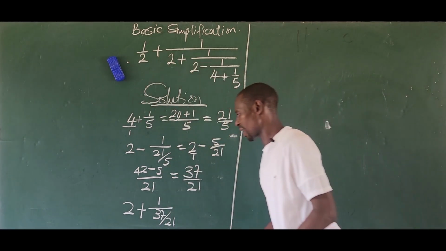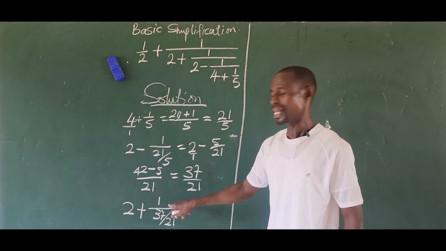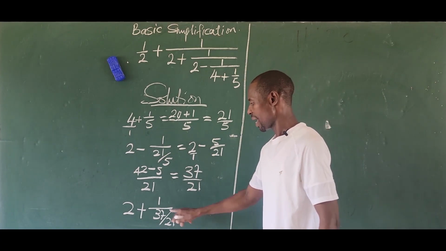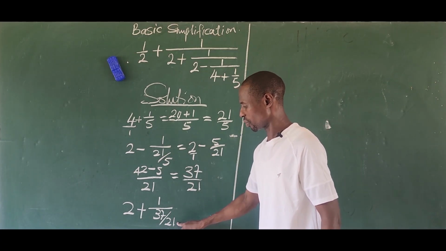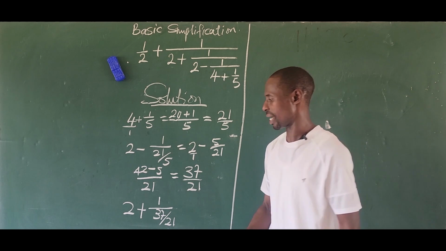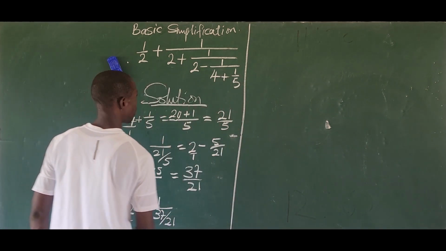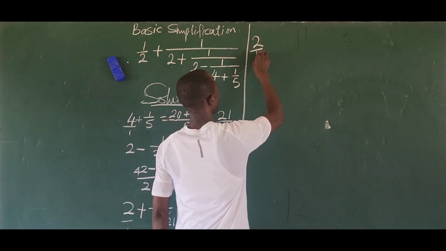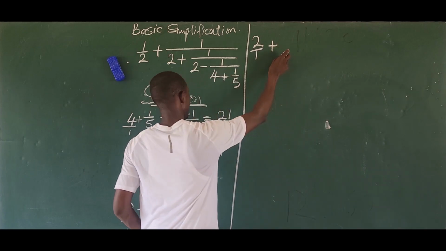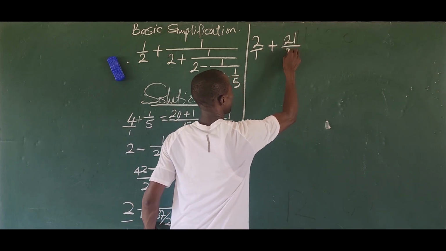Again, we apply that rule by changing this to a division sign, then changing it to multiplication, and you discover that this 21 will go up and 37 will come down. So we're going to have 2 all over 1, then plus 21 all over 37.